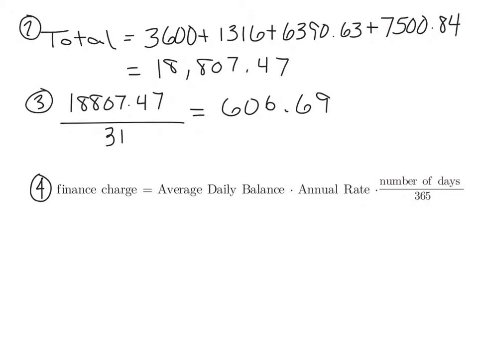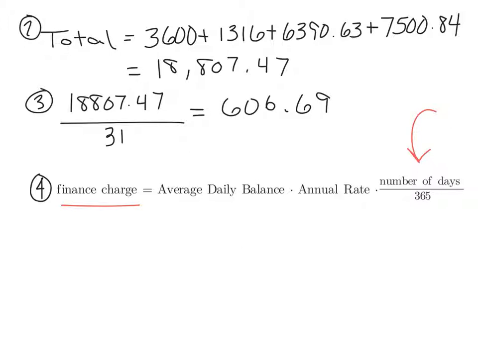Our last step is to find the finance charge. For this problem, the annual interest rate was given. Since the annual interest rate was given, we need to use the formula on the screen, which incorporates the number of days divided by 365 days in a year.